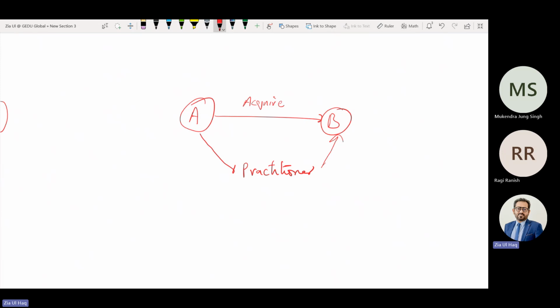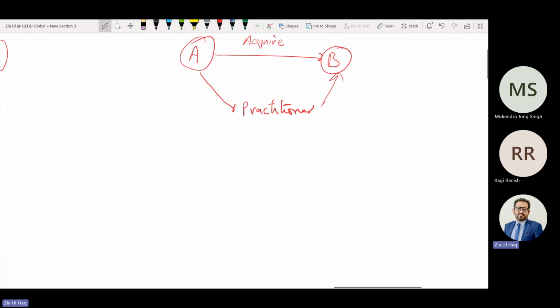What will we practitioners do? We will move towards company B, we will check their systems, we will check their records, and we'll give a report to company A. In that report, we will provide the benefits of acquisition. These are the positive things in company B, meaning the benefits you can get after acquisition.